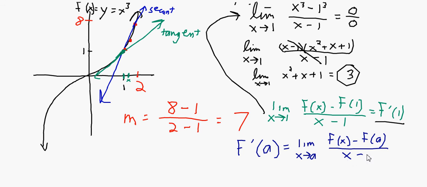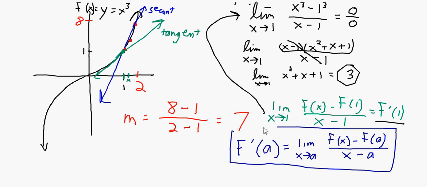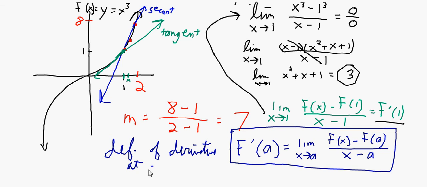All of that is over x minus a. And this is our first definition of derivative right there. And you want to remember that. Definition of derivative at a point. So part of my terrible handwriting, and that's this guy.